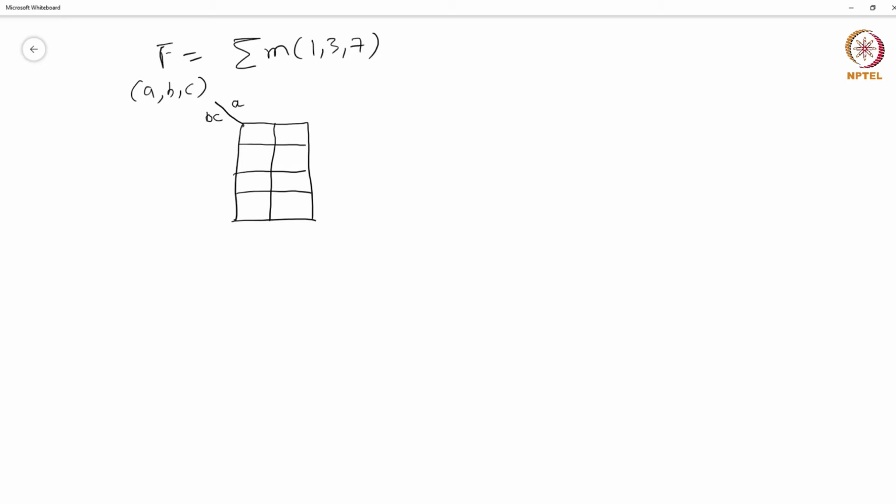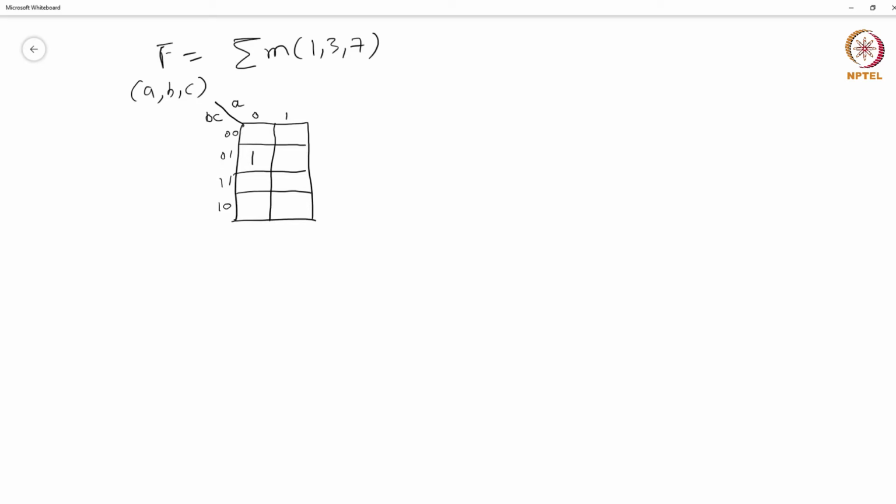these 8 cells. So this cell represents 0, this cell represents 1, this is 0 0 0 1 1 1 and 1 0. Because min term 1 would mean 0 0 1, this has to be 1.